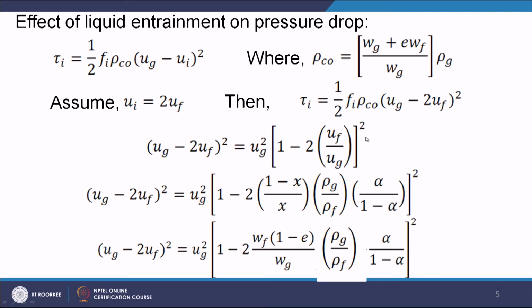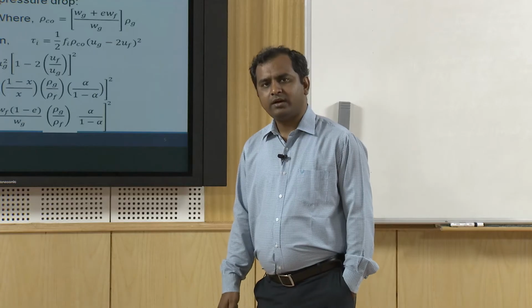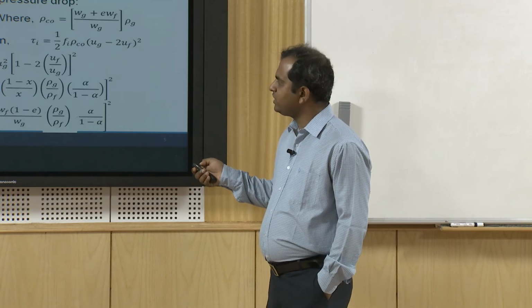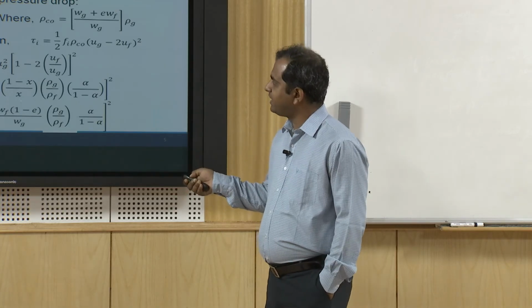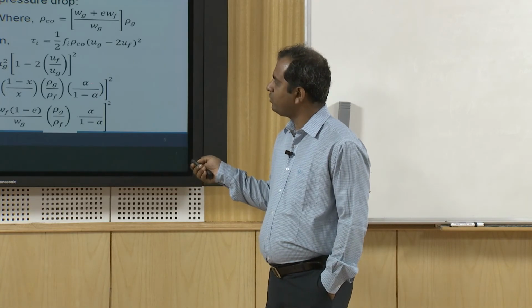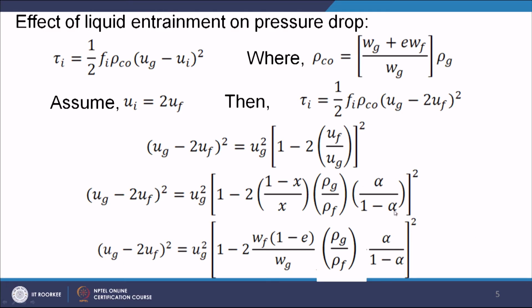Now, we all know, and we have also shown in the first lecture, that u f by u g can be written as 1 minus x by x into rho g by rho f into alpha by 1 minus alpha. In the first, introduction lecture, I showed you the proof of this one. So, we can replace u f by u g by this expression.